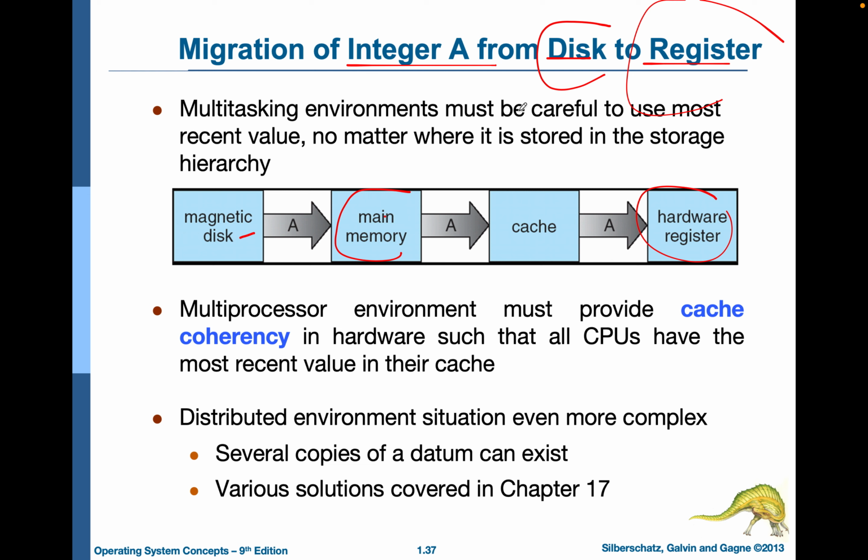A multitasking environment must be careful to use the most recent value, no matter where it is stored in the storage hierarchy. Multiprocessor environments must provide cache coherency in hardware, such that all CPUs have the most recent value in their cache.